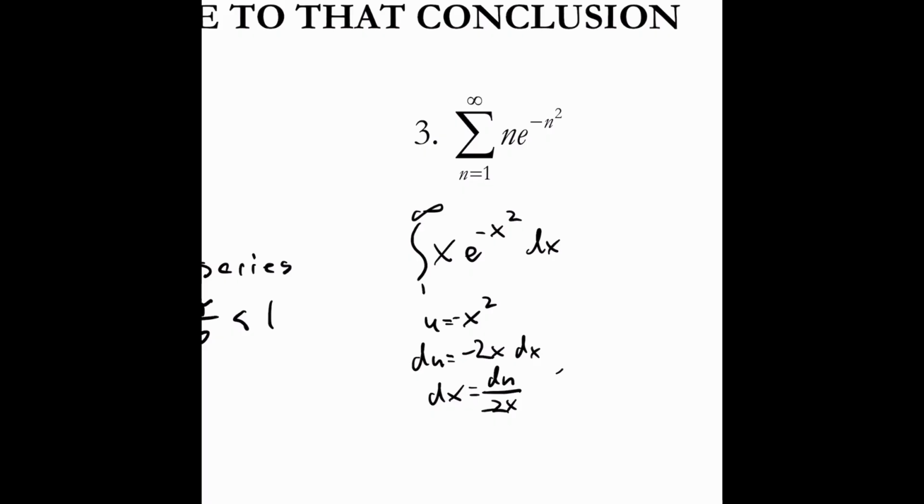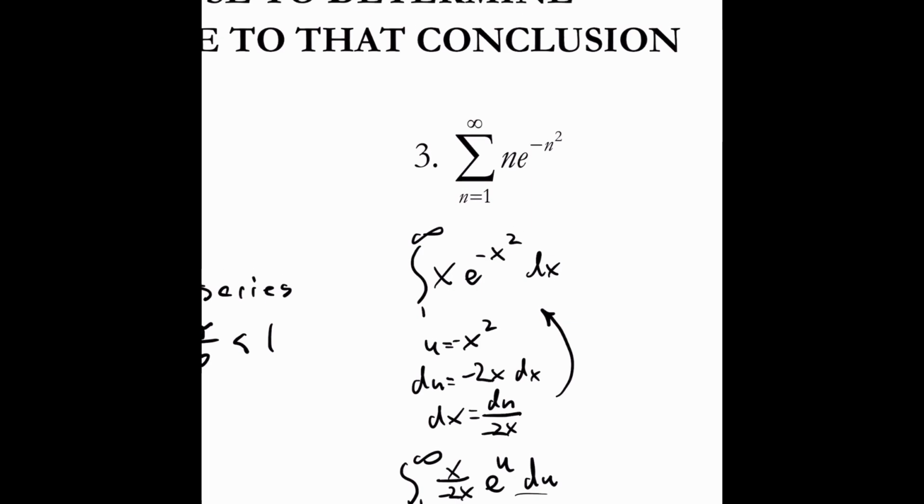Now plugging that in, our integral is now the integral from 1 to infinity of x over negative 2x, e to the u, because we let u be negative x squared, so now that exponent is just u, and we replace dx with du over negative 2x.